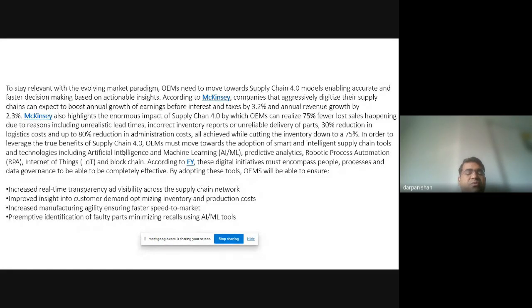So we need to be ready to ensure that we are agile and respond faster to the market. So this is one part where it is required in future for companies to adopt, so that they can leverage all these tools.